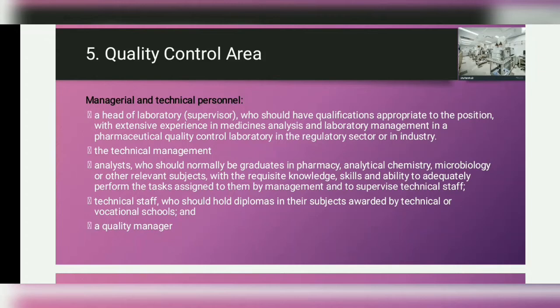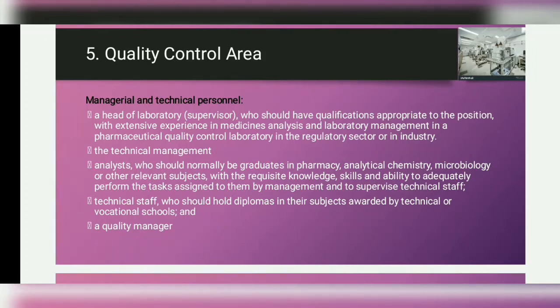Next is the technical management. Next is analyst, who must be graduates in pharmacy, analytical chemistry, microbiology or other relevant subjects with the required knowledge, skills and ability to perform the tasks assigned to them by management adequately and also to supervise technical staff.